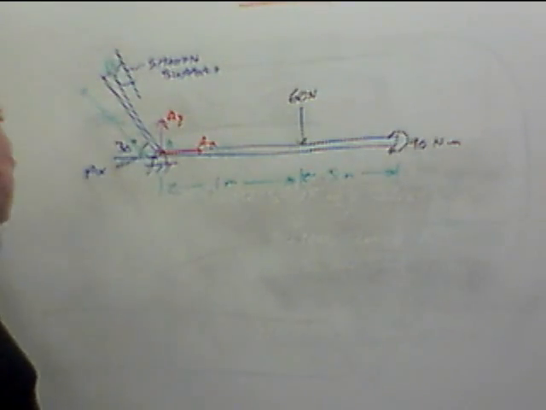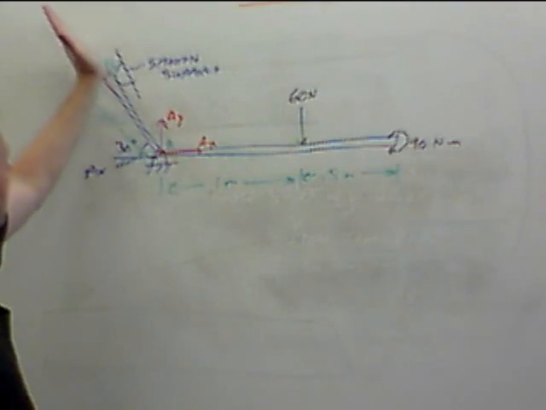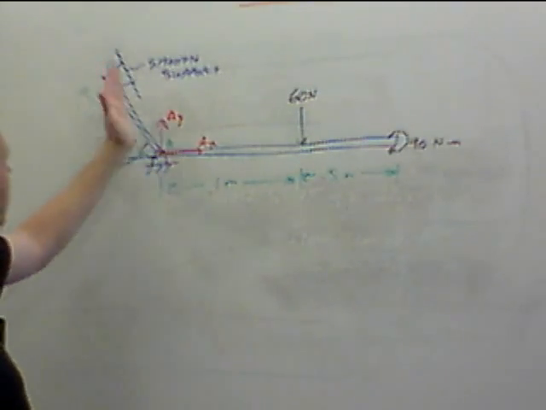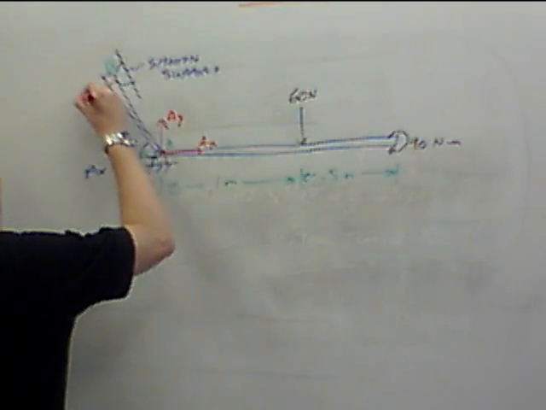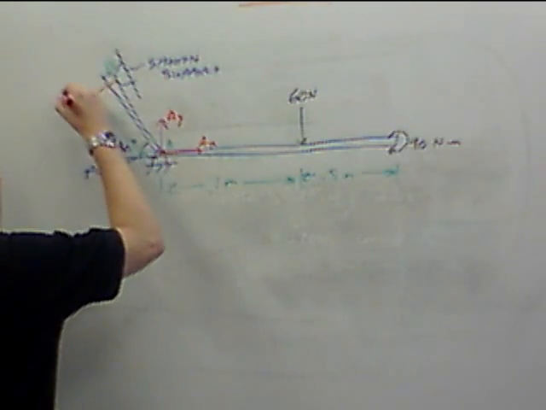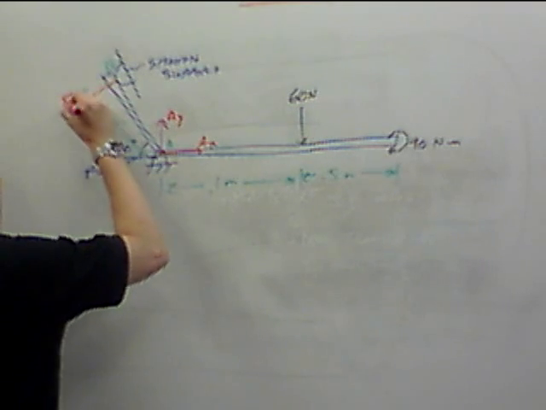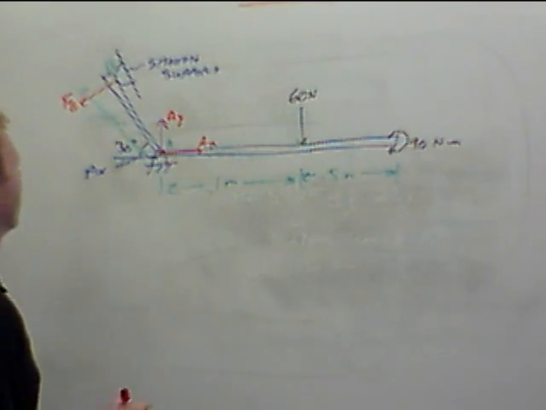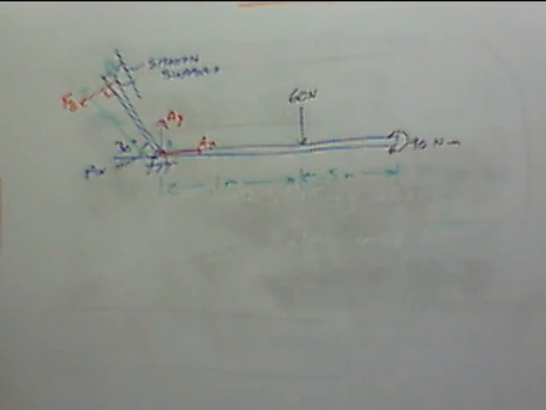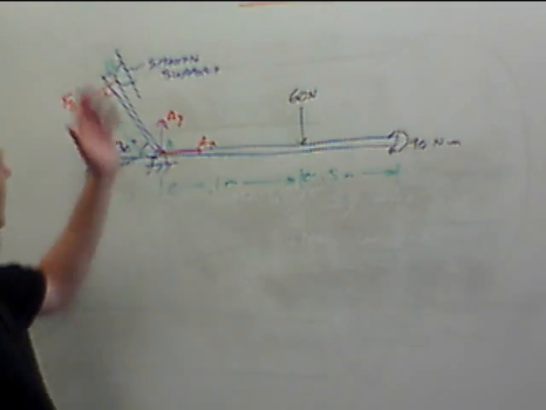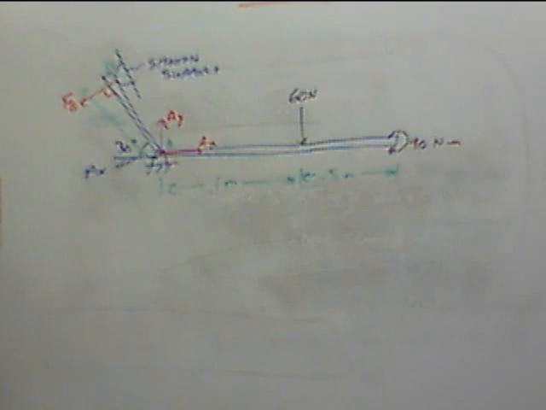The smooth support is not going to support it at all parallel to the beam. What it's going to do is support it perpendicular. So we're going to have a support force at B. That is going to be at a right angle with the beam. That will become useful. This angle, unfortunately, I drew a little steeper than 30 degrees, but we'll be able to work with that.